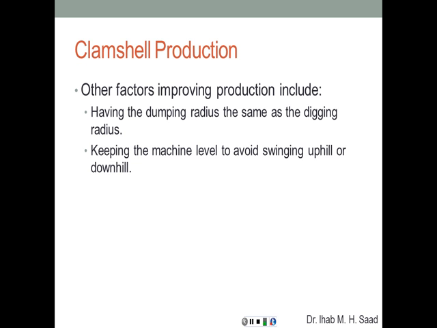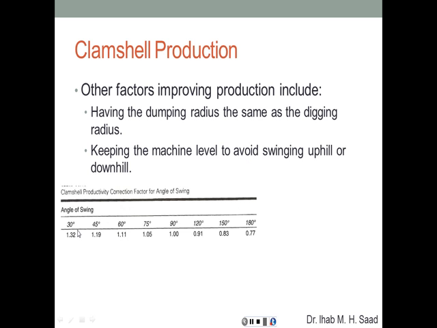To improve the clamshell production, we're going to have the dumping radius the same as the digging radius, so the boom is going to rotate and dump at the same distance where it's digging from, keeping the machine level to avoid swinging uphill or downhill, because again, swinging uphill or downhill is going to affect stability and it's going to affect the effective length of the boom of the crane.